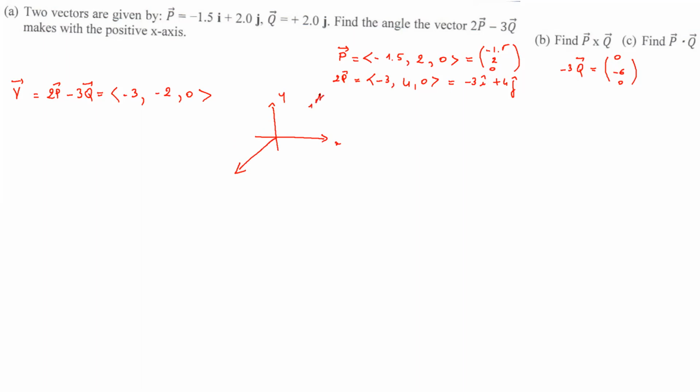This is the first quadrant, this is the second quadrant, this is the third quadrant, and this is the fourth quadrant. So this is basically vector 2P minus 3Q. This component is minus 3, and this component is minus 2. So now the question is, what is the angle that this vector is making with the positive x-axis?